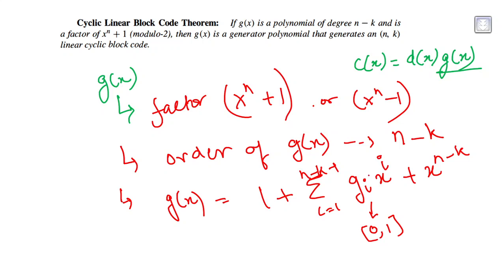So if a generator polynomial fulfills all these three properties, then multiplying it with a data polynomial, I will be getting my code polynomial.